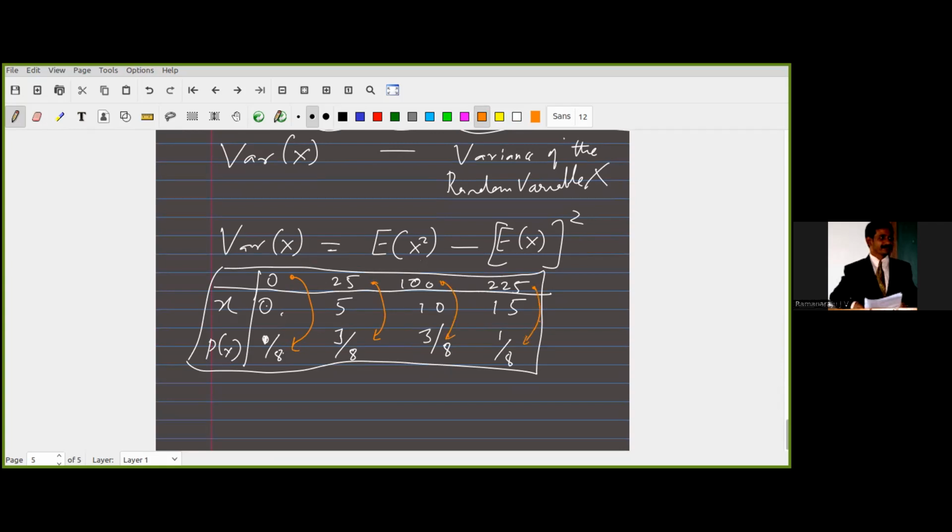So what you do is E of x square as summation x square p x i, i running from 1 to n, which is simply 0 into 1 by 8 plus 25 into 3 by 8 plus 100 into 3 by 8 plus 225 into 1 by 8.